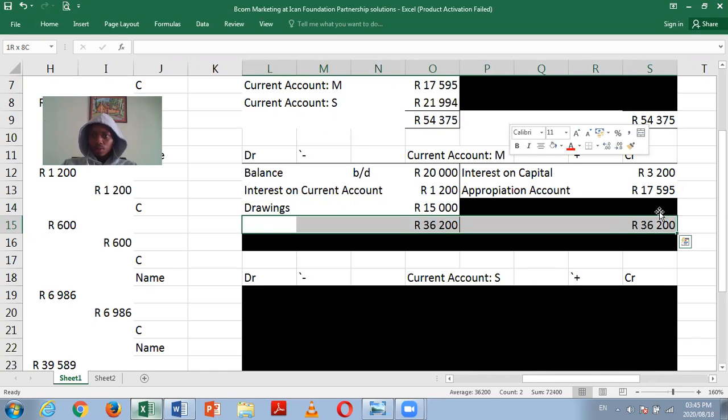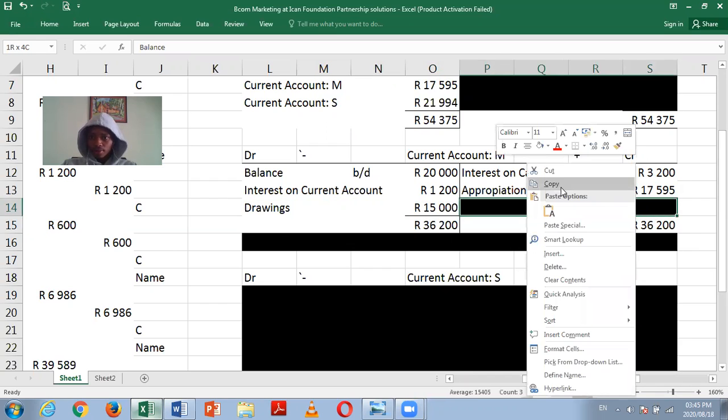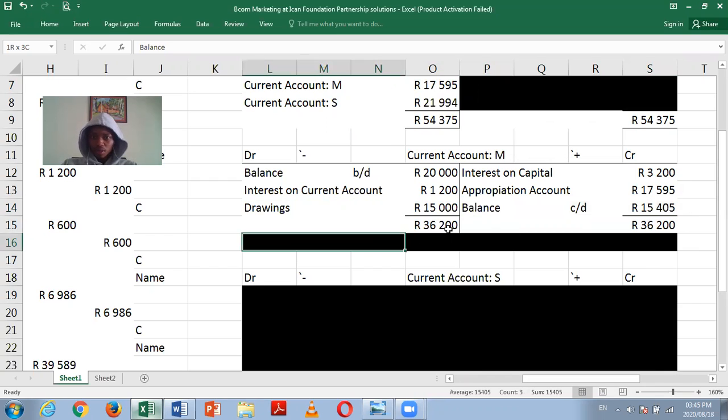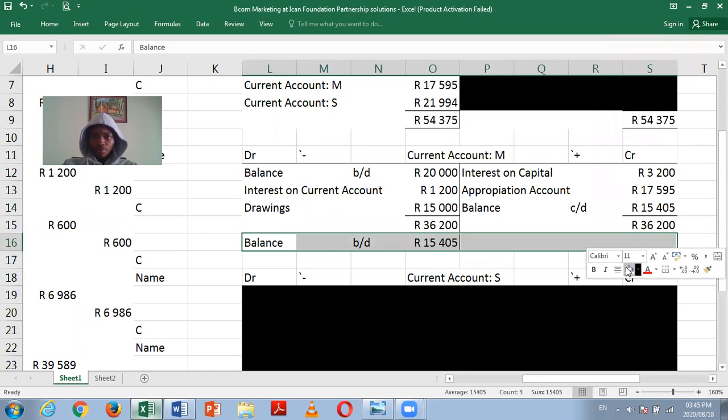And then we calculate: you take the 36,200, you less 3.2, less 17,595, you get the balancing figure, which we call balance carried down, right? So balance carried down will be 15,405. Your balance carried down should be your balance brought down for the next financial period, which will be your opening balance. So don't just leave it as balance carried down, take it to balance brought down, right?